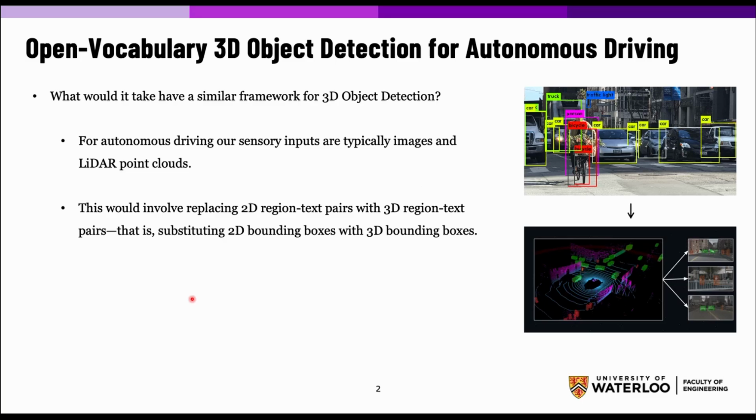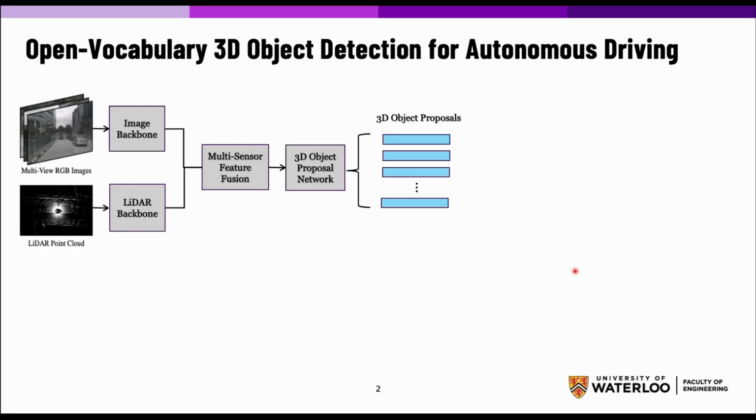So what this means is we actually need to have them in 3D, which means replacing the 2D bounding box with 3D bounding boxes. So it's actually not too different.